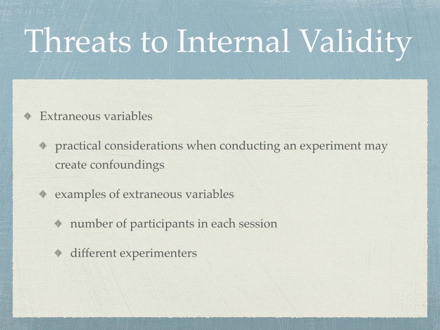In the case of the experimenter, you could have experimenter A do half the subjects for the control condition and half the subjects for the treatment condition. And experimenter B can do half the subjects for the treatment condition and half the subjects for the control condition. So any differences between experimenter A and B are balanced equally across the two conditions. And then again, this noise will cancel each other out.